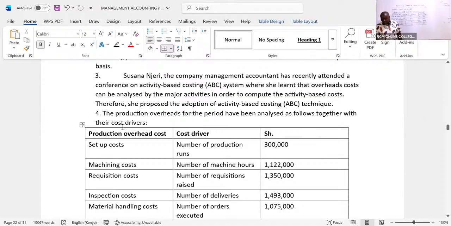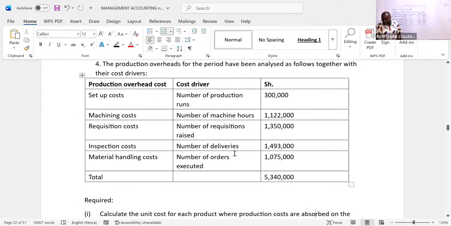If you go after note number 4, you'll be able to see the cost drivers there. You can see we have number of production runs that I have. We have number of machine hours that I don't have. It's only machine hours we shall be able to introduce onto our table.